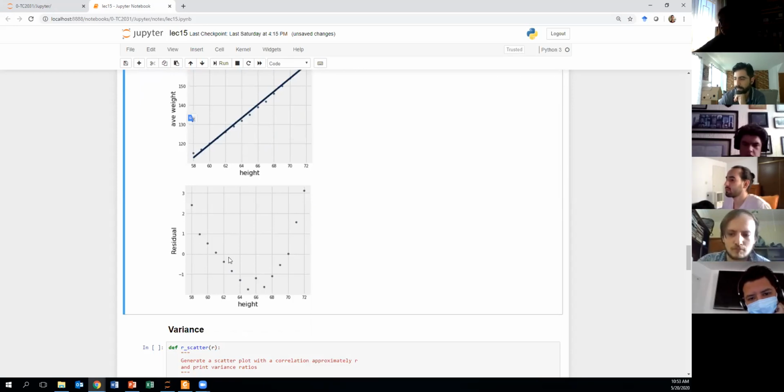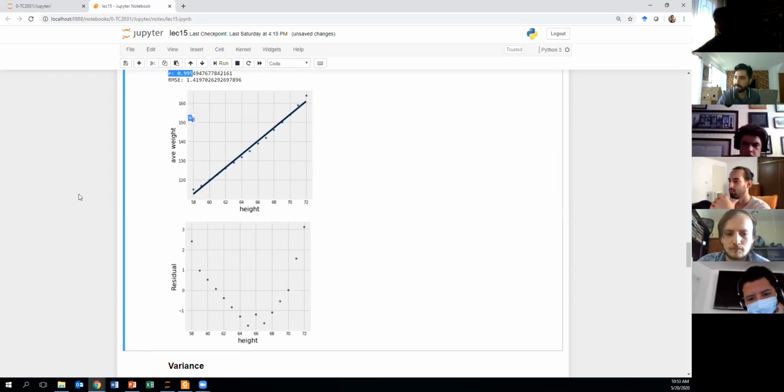This is my 0. So what can you tell me from this scatter plot? Anyone can comment on that?